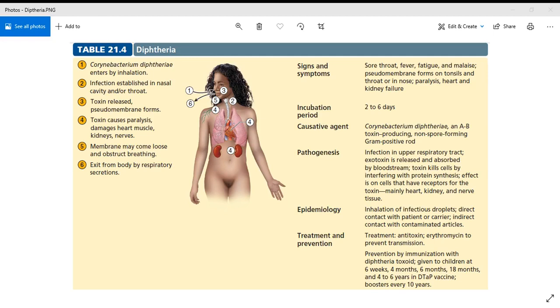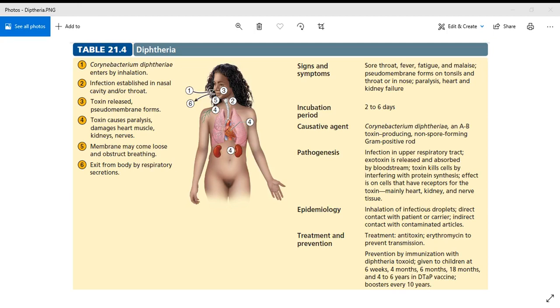Like I said, the infection is caused by Corynebacterium diphtheriae, and this organism is one of the microorganisms that produces what we call toxins, and of course the name of the toxin for this particular one is diphtheria toxin, which is actually a very, very powerful exotoxin that causes the majority of the symptoms of the disease.